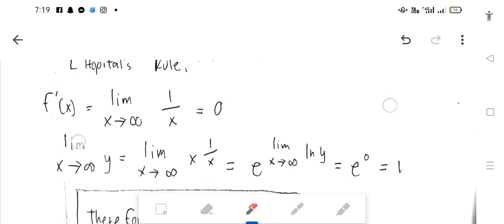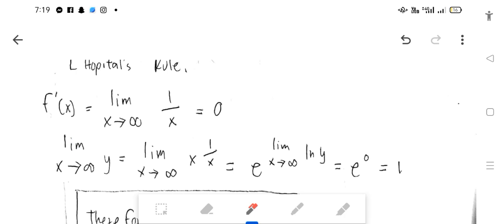So now we substitute infinity, and the result is equal to 0.